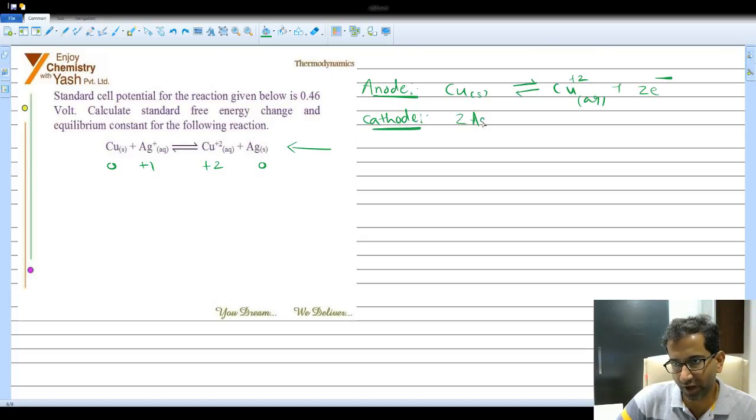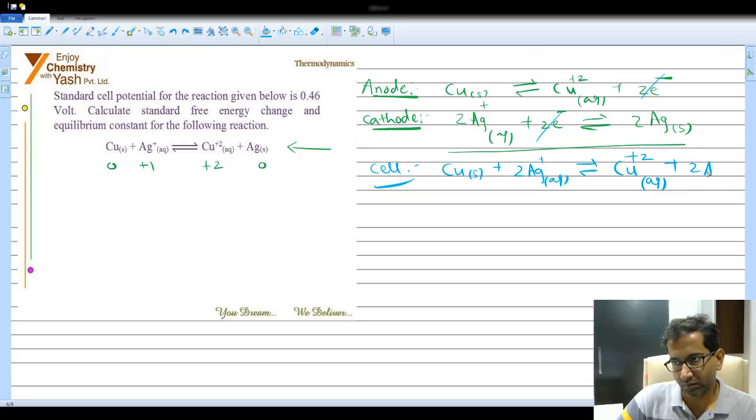I will multiply it by 2 directly. Now the overall reaction, or you can say cell reaction, in which 2 moles of electrons will be cancelled. So in this also n equals 2 moles.